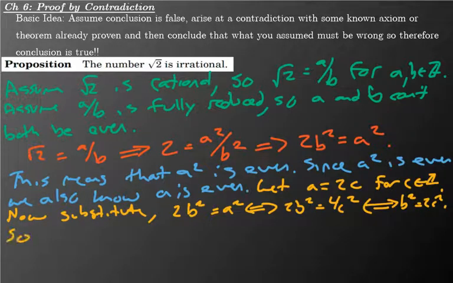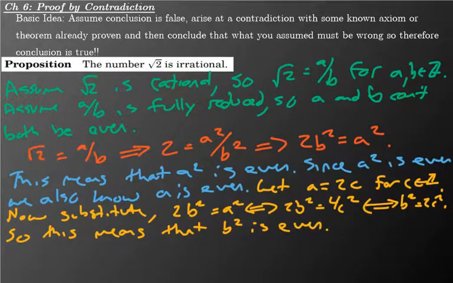So this means that b squared is even. Also, I can add that b is even.